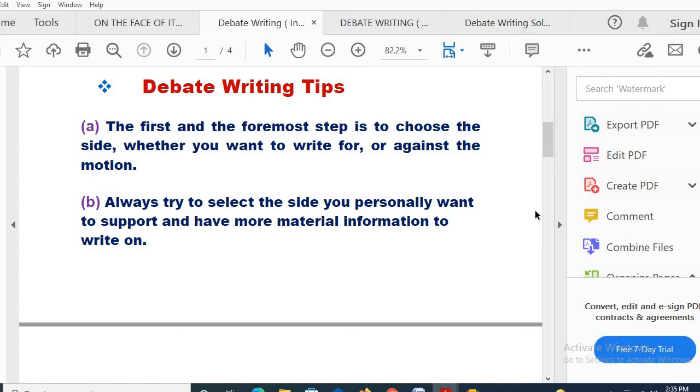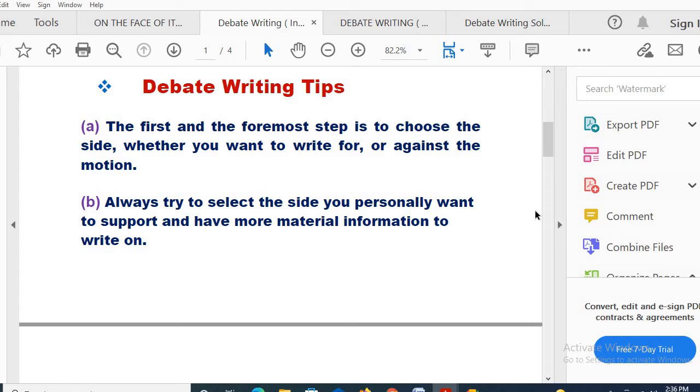Okay, so the first and foremost, what is the first and foremost thing we have to remember? That choose the side whether you want to write for or against the motion. You have to be mentally prepared that whether I will be writing for the motion or I will be writing against the motion.